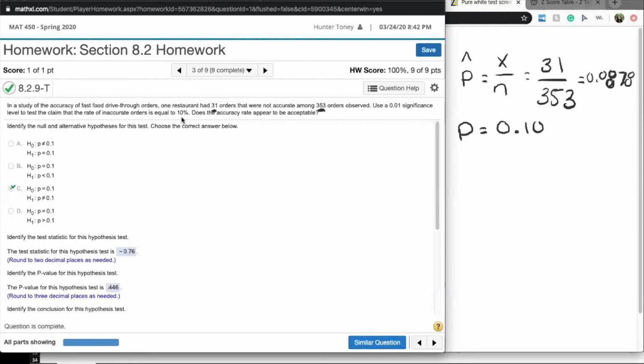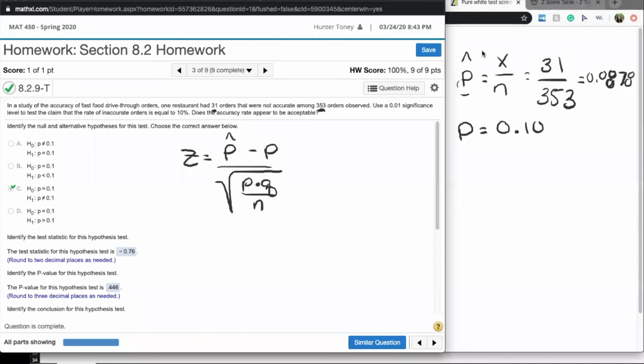And the equation we're going to be using for this problem is z is equal to p-hat minus p over the square root of p times q over n. The relationship between p-hat and q-hat is the same as the relationship between p and q.